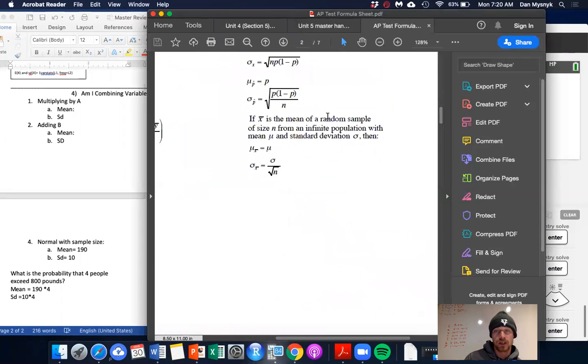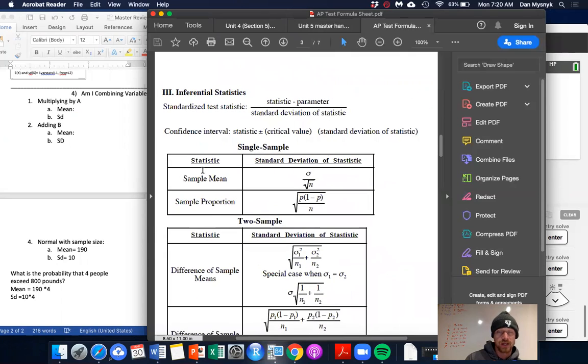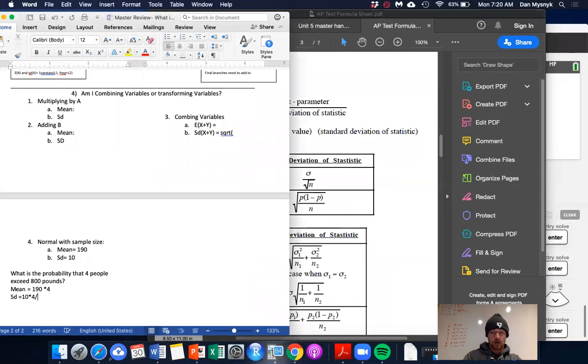If we take a sample mean, our standard deviation of the whole thing would be 40, but our sample size is 4, so we have to divide by the square root of 4. Well, thankfully, the square root of 4 is an easy number. It's 2. 10 times 4 is 40. Square root of 4 is 2, so we do 40 divided by 2, and we get 20.